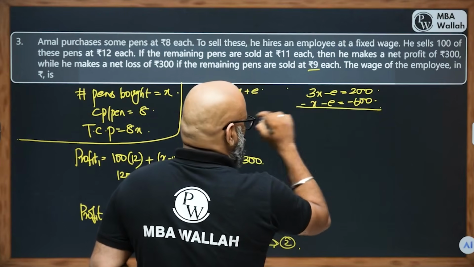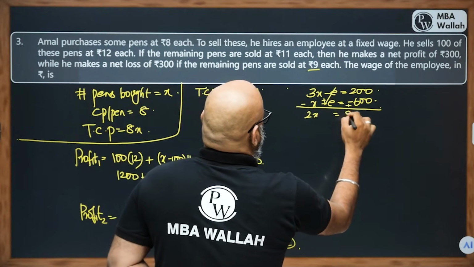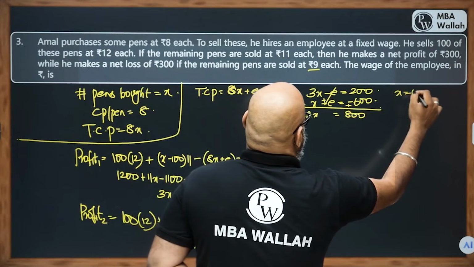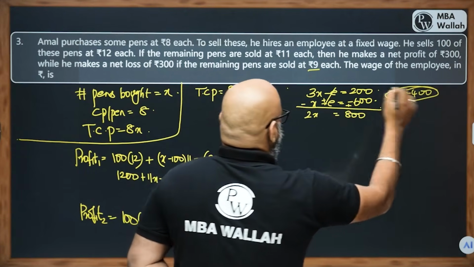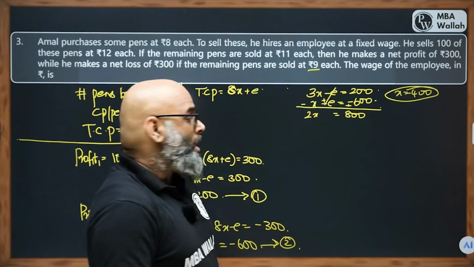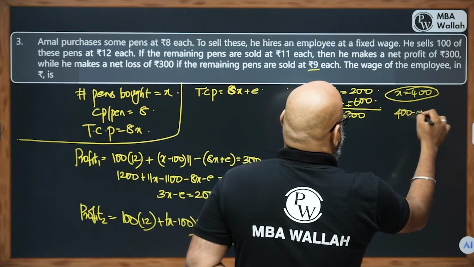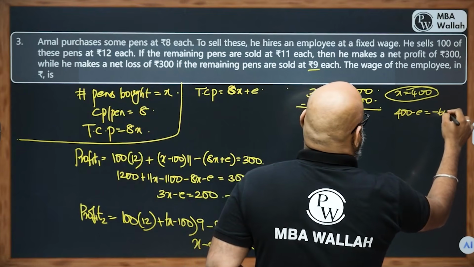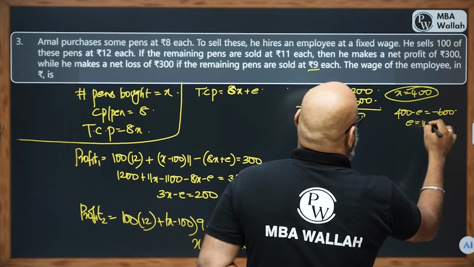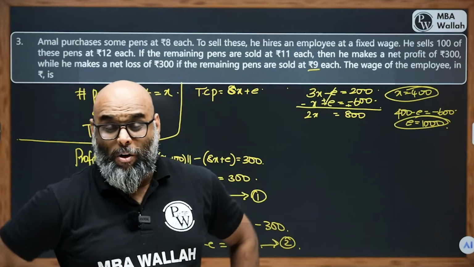Subtracting, 2x is equal to 800, or x is equal to 400. But I don't want x, I want the wage of the employee, which is E. So here 400 minus E is equal to minus 600, or E is equal to 1000. So the wage of the employee is 1000 rupees.